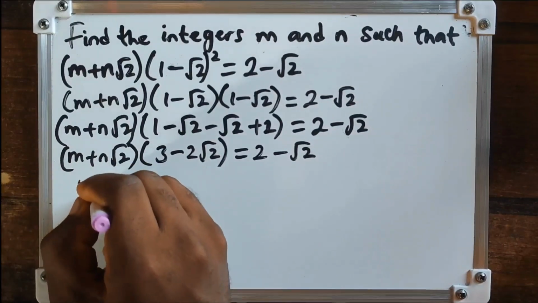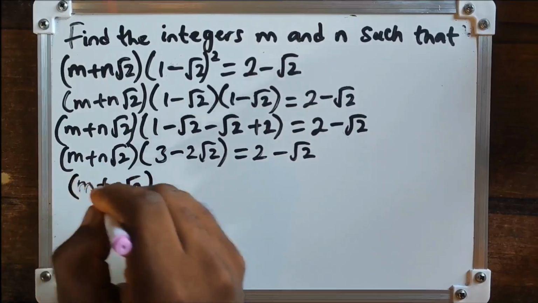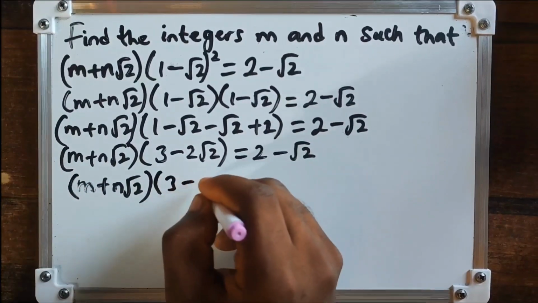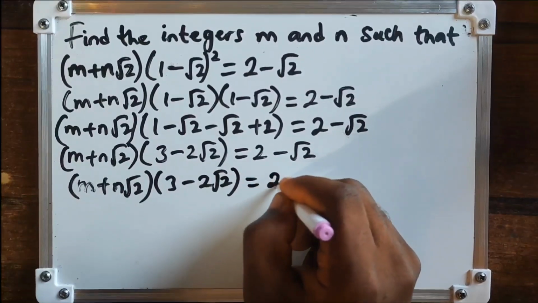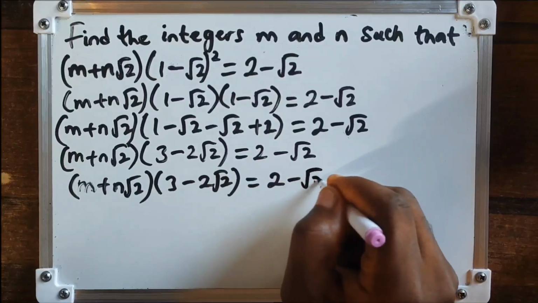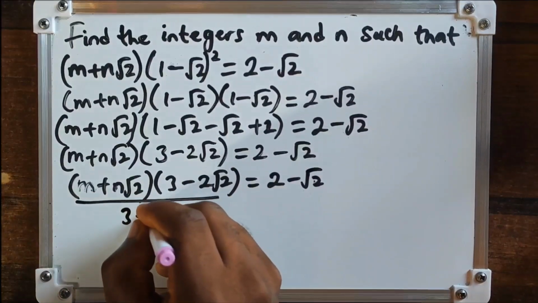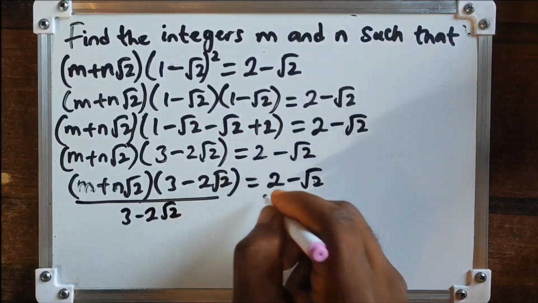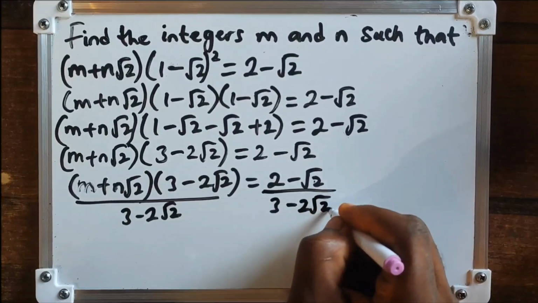I'm going to say m plus n root 2 into 3 minus 2 root 2 equals 2 minus root 2, and this is all over 3 minus 2 root 2, and also this is 3 minus 2 root 2.